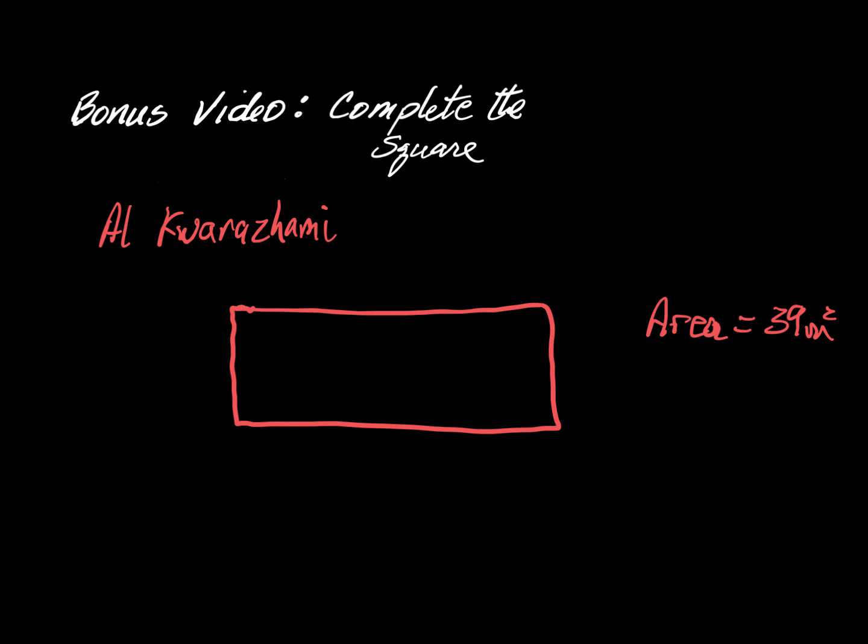So one of the rooms is a square. Now, we do not know the lengths of the sides of the square. We just know that it's a square. The other room from the rectangle, we know that this side is going to be 10 meters, like that.